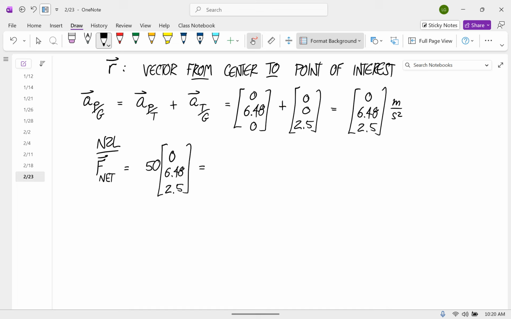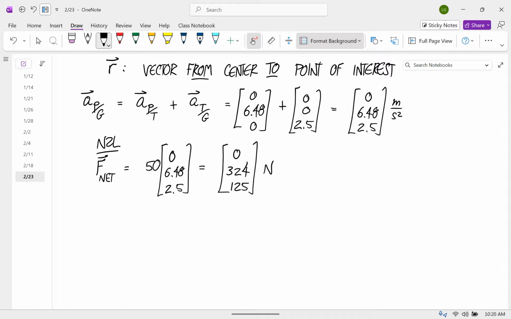And so that net force vector is 0, 324, 125 newtons.